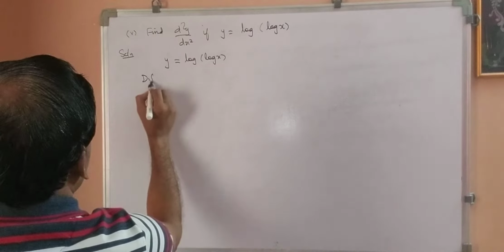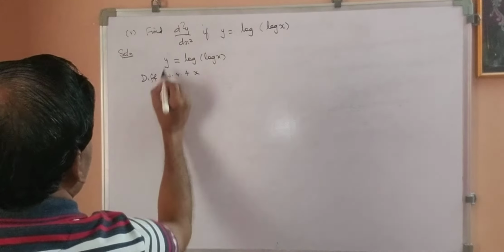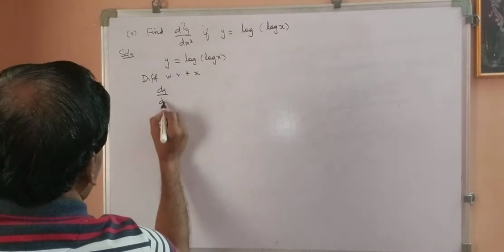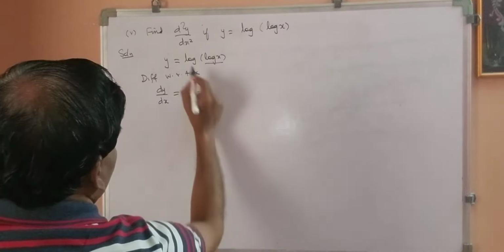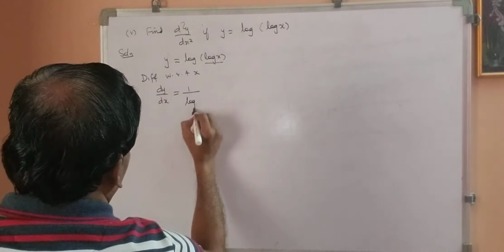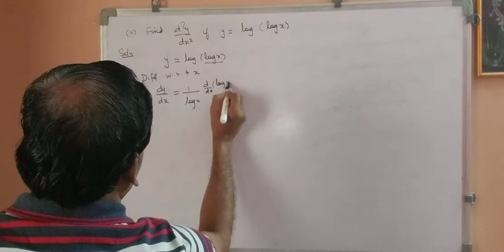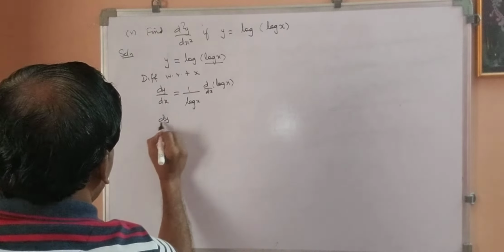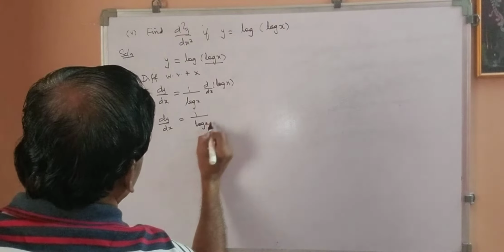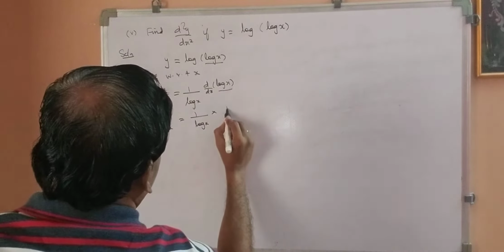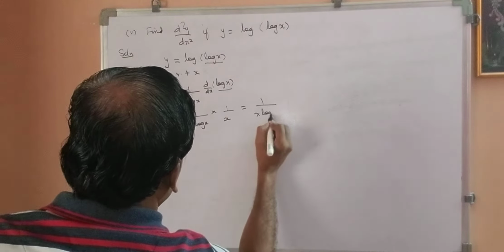So differentiating with respect to x, dy by dx equal to, what is the derivative of log x? 1 upon x. So log of log x means 1 upon log x into derivative of log x. So dy by dx equal to 1 upon log x into 1 upon x. So it will be 1 upon x log x.